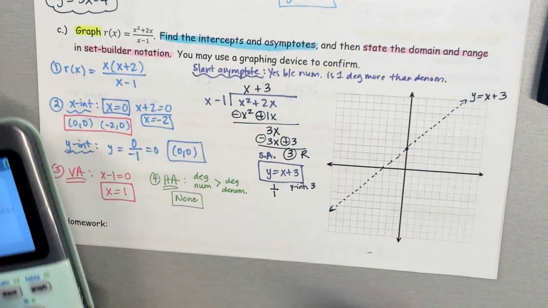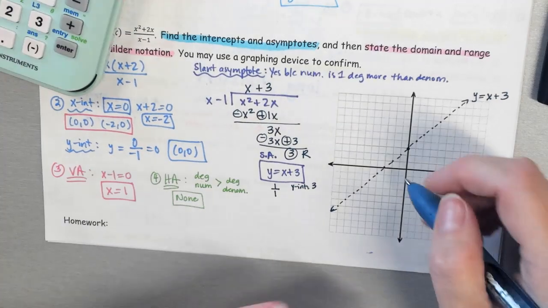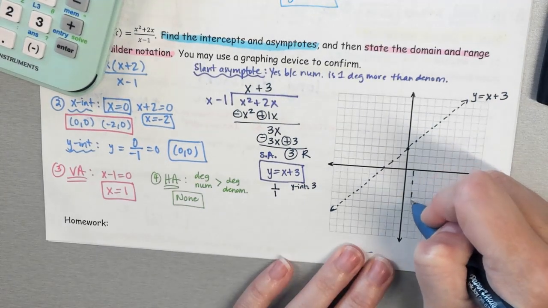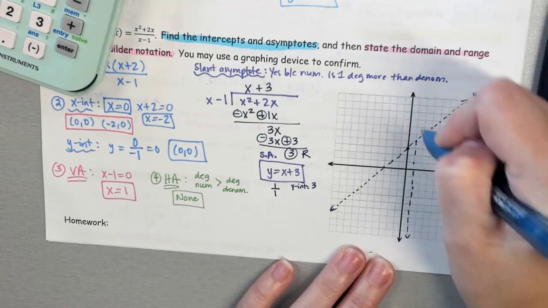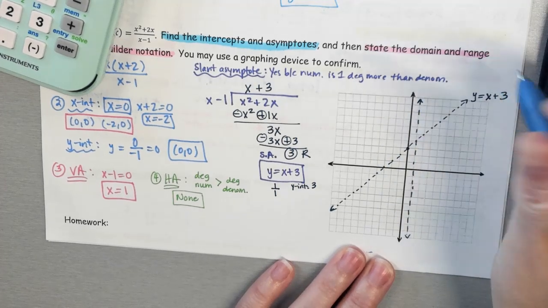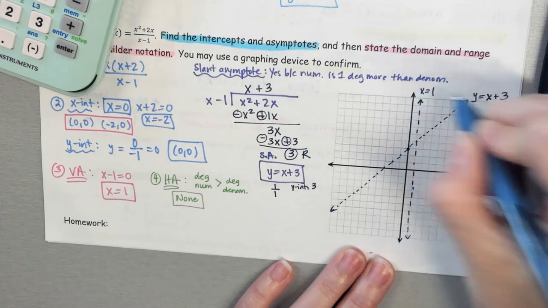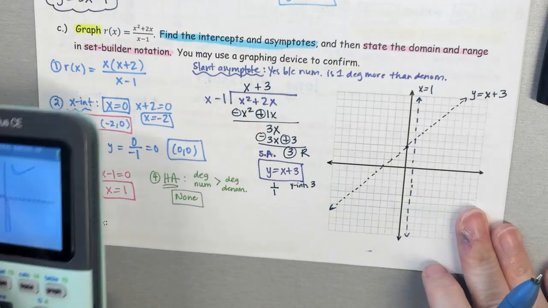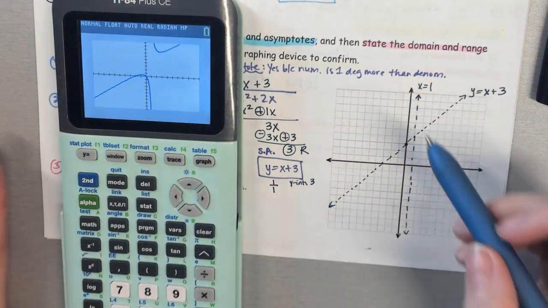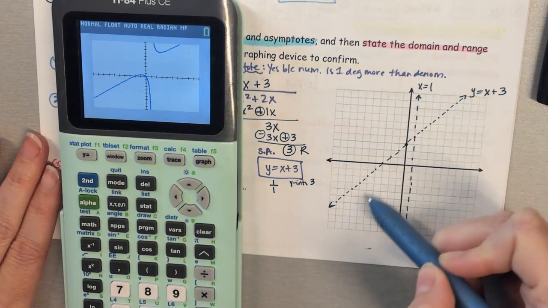And then you have another one at x equals 1. So when you have these slant asymptotes here, you should have a little branch up here and a little branch here.